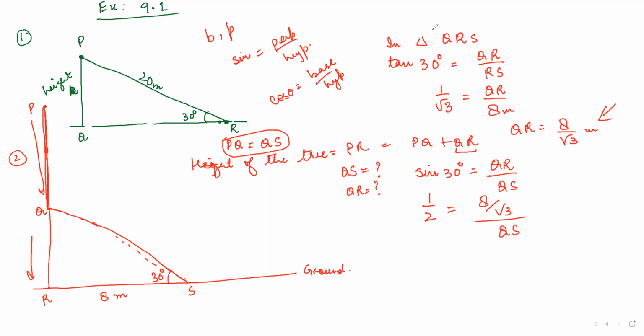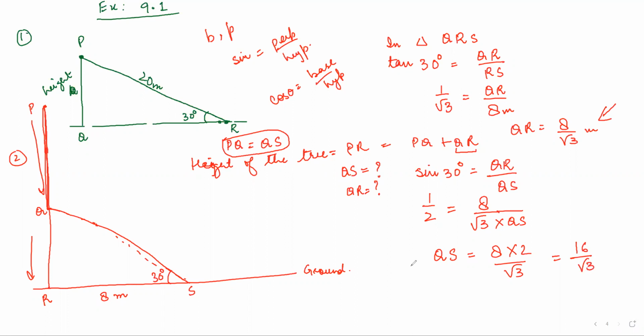Any problem? So I want to find QS. Do cross multiplication. QS will come here, and then 8 into 2 divided by under root 3, so this becomes 16 upon under root 3, right?